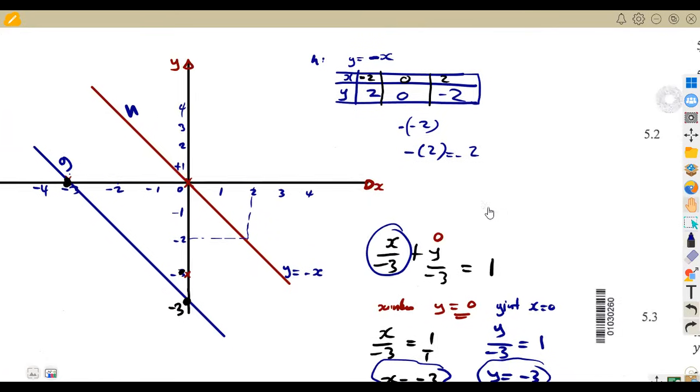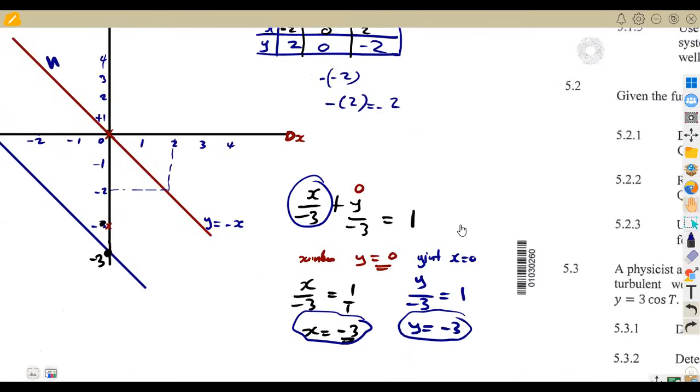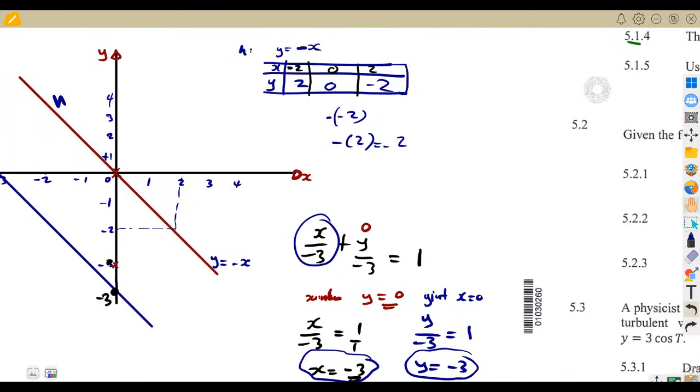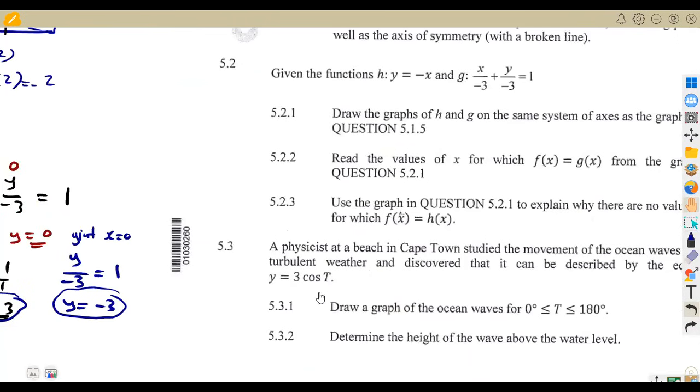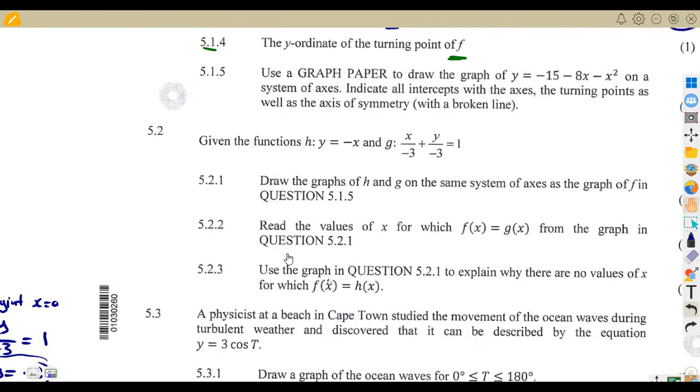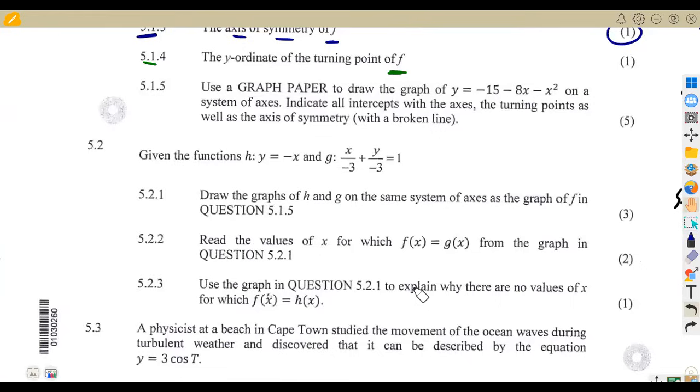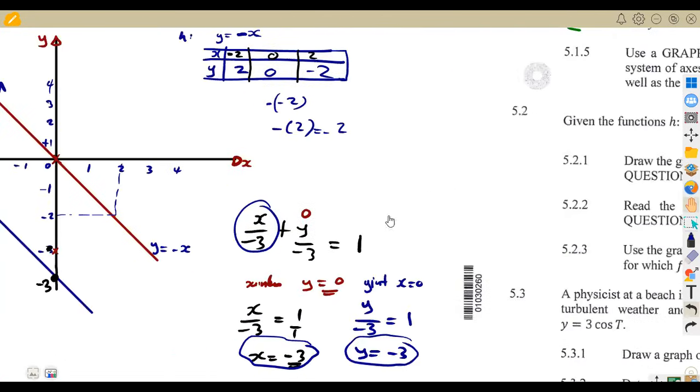Let's see, they're actually asking this question here. They are saying, read the values of x for which f of x is equal to g of x from the graph in 5.1. So in this case, we do not have an exact solution from this graph here.